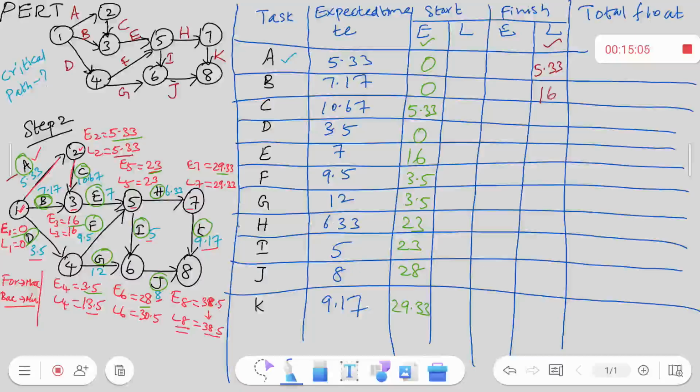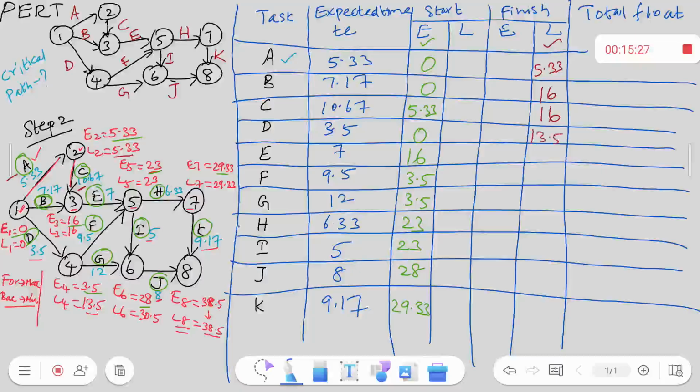When I go for C, I have to take this into account, so again it is 16. Then for activity D, it is 13.5.